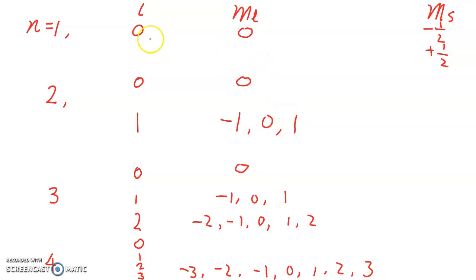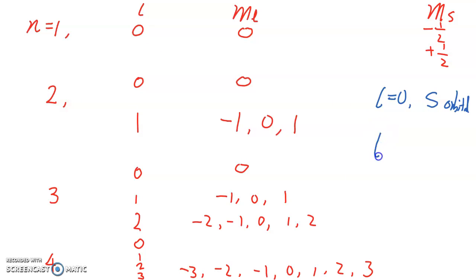When L is equal to 0, we can call this an s orbital.